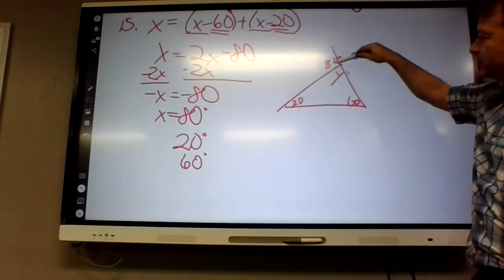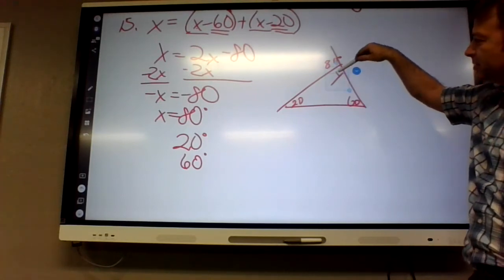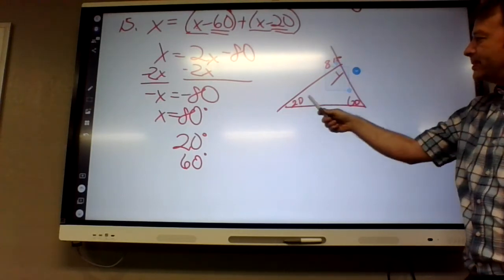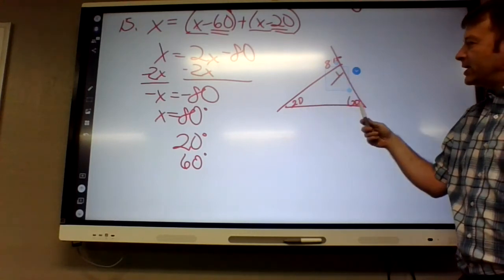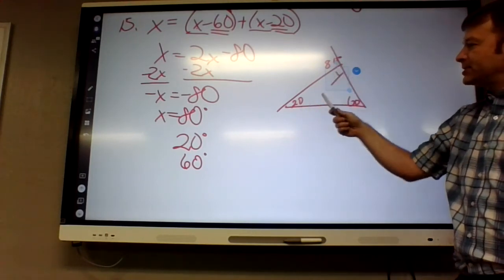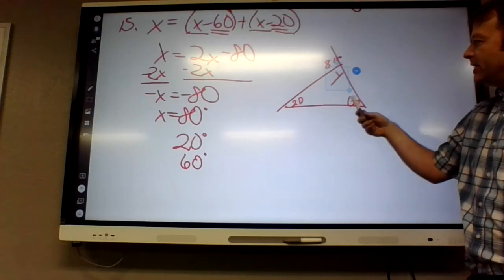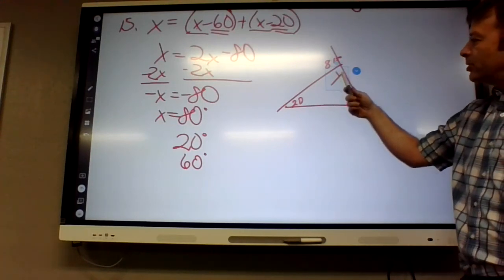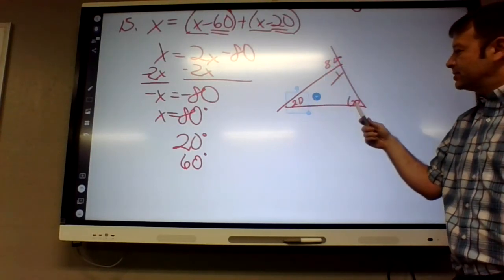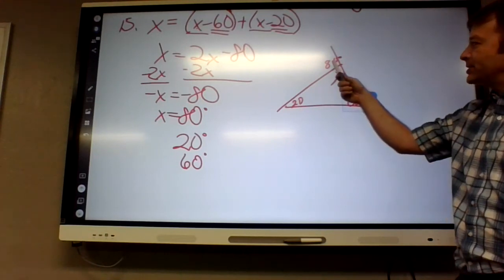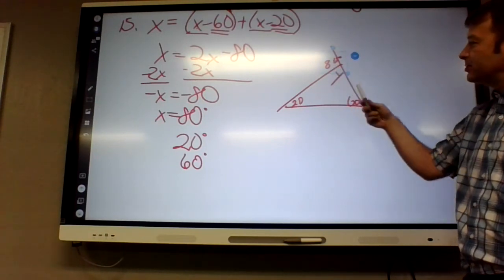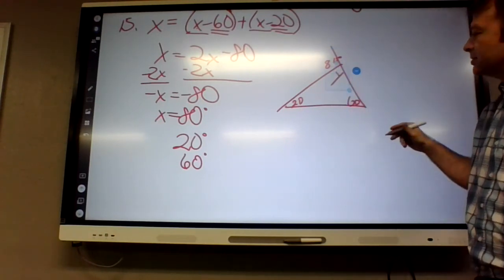What do I know about these two? They add up to 180. What do I know about these three? They add up to 180. That's why this is the same as these two. Anyways, 180 minus 80 would give you this answer. So that's 100.